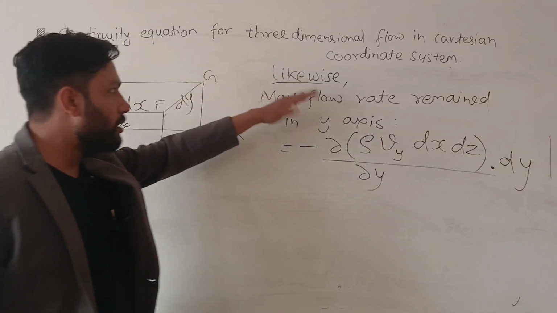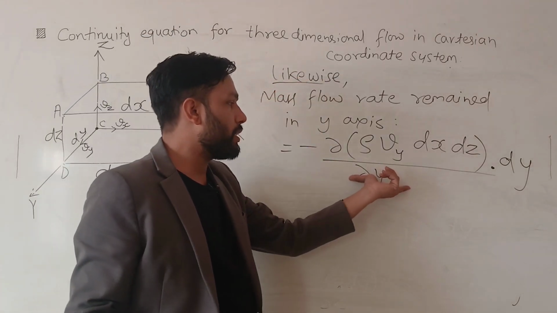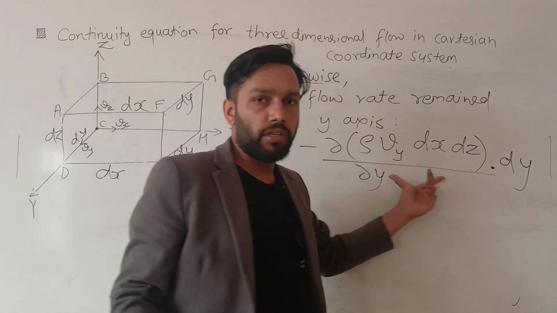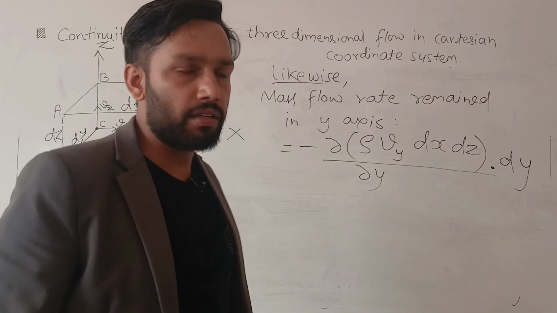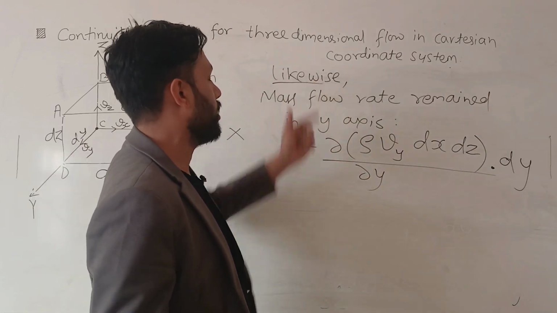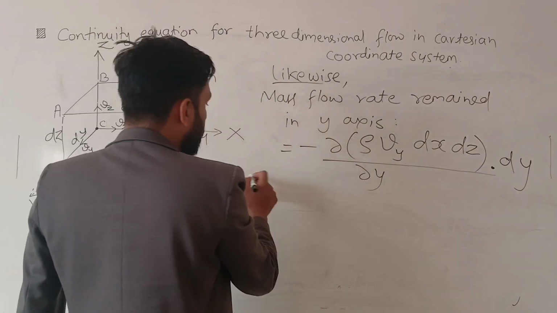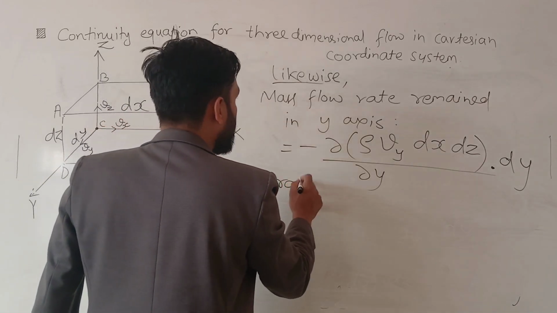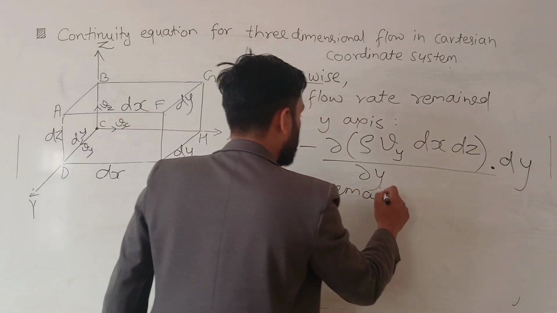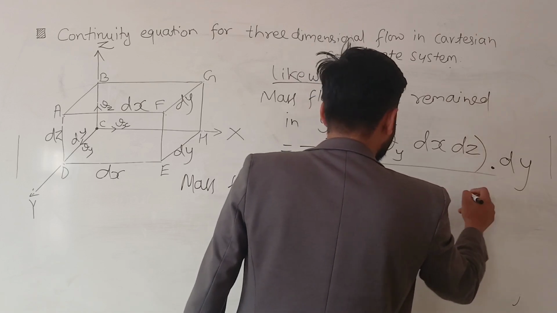So we have done likewise and calculated this expression. You can perform the similar derivation for the y direction also, but you can directly write this one. Likewise, the mass flow rate remained in the z direction.